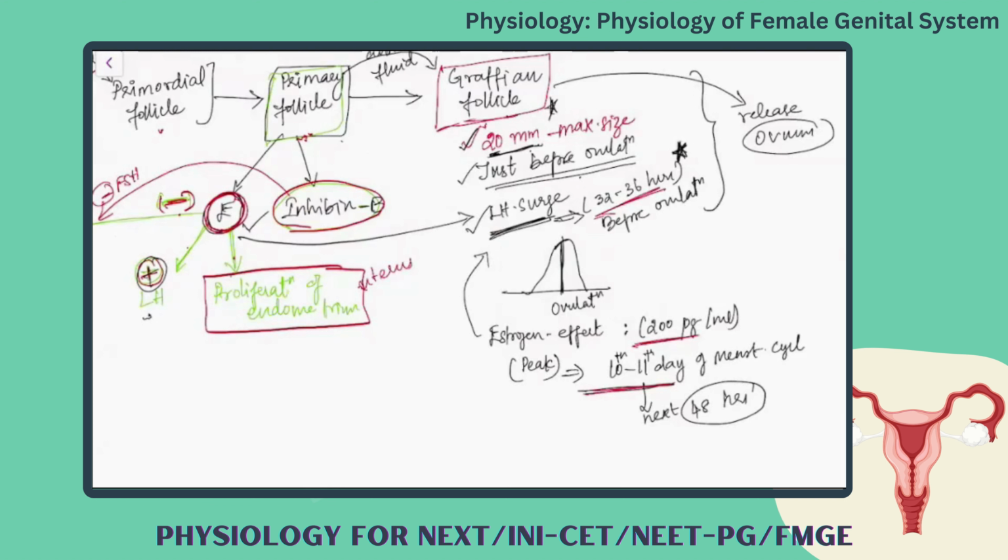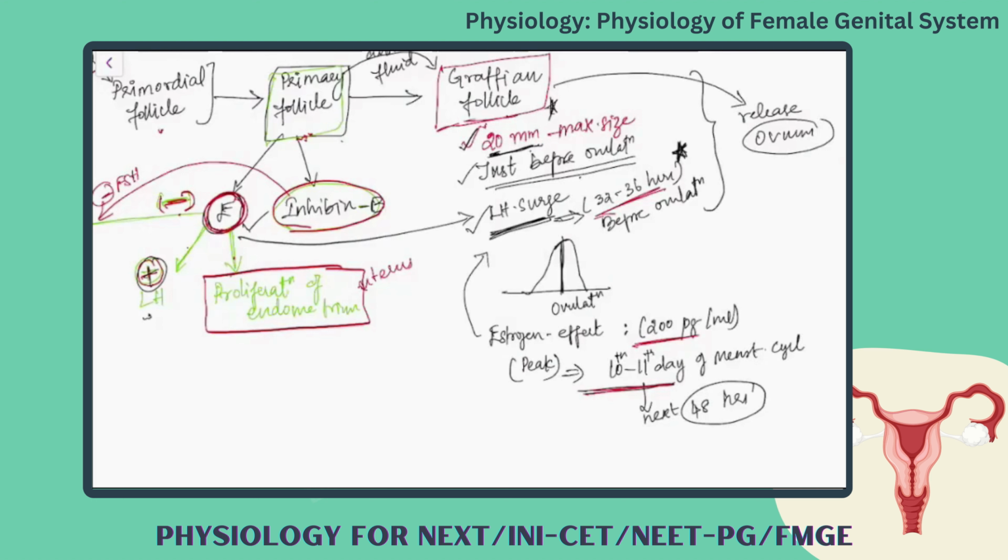Okay, the LH surge is due to the influence of estrogen, and estrogen is maintaining its peak value of, what is the value? 200 picograms per ml. How long is the estrogen peak maintained? From which day to which day of the menstrual cycle? 10th to 11th day of the menstrual cycle.